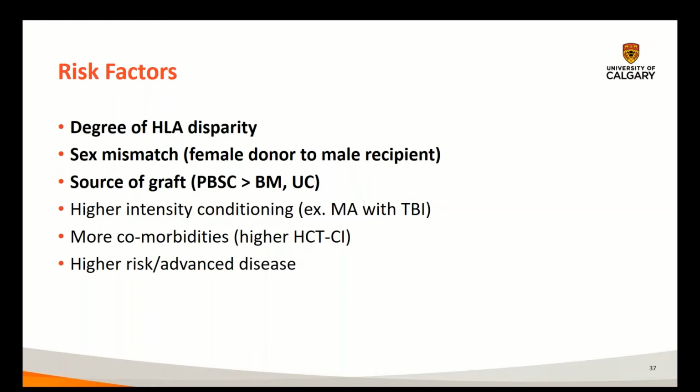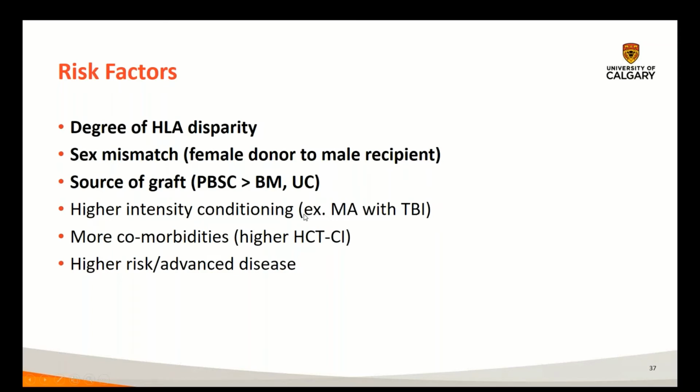In terms of risk factors, the ones here in bold are the ones that have been consistently shown across the literature. And so, of course, the most important is the degree of HLA disparity between donor and recipient. Sex mismatch, particularly a female donor to male recipient, has been fairly consistently shown to be a risk factor. The source of the graft we know is important, with peripheral blood stem cells leading to more acute graft versus host disease than bone marrow and umbilical cord stem cells.